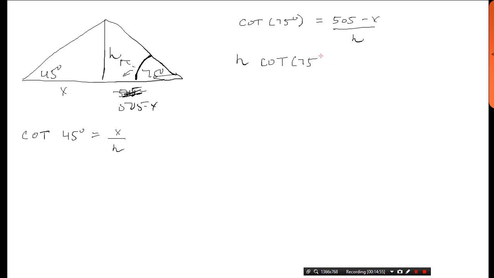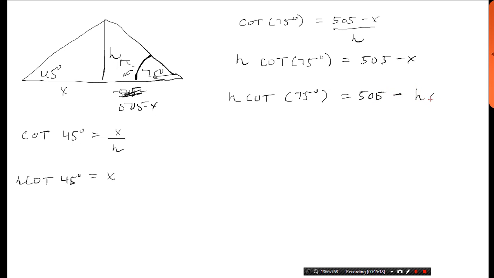So watch this. I need to get one equation with nothing but h's in them, right? So I'm going to clear this out. Notice you get x equals cotangent of 45 degrees times h. So I'm just going to plug this guy into the other guy. Oh, look how simple that is.